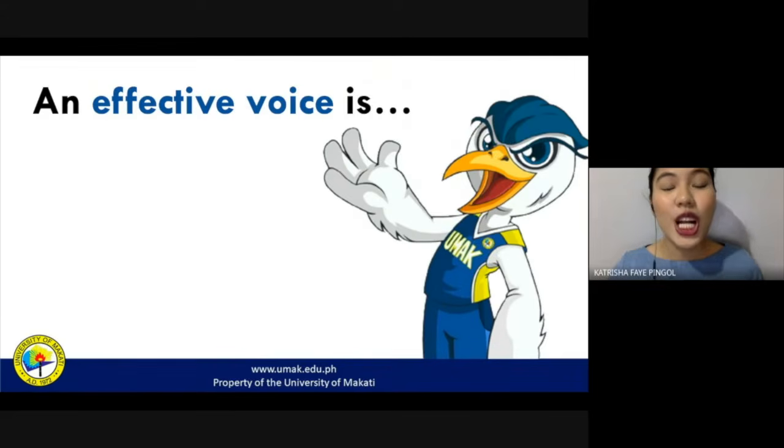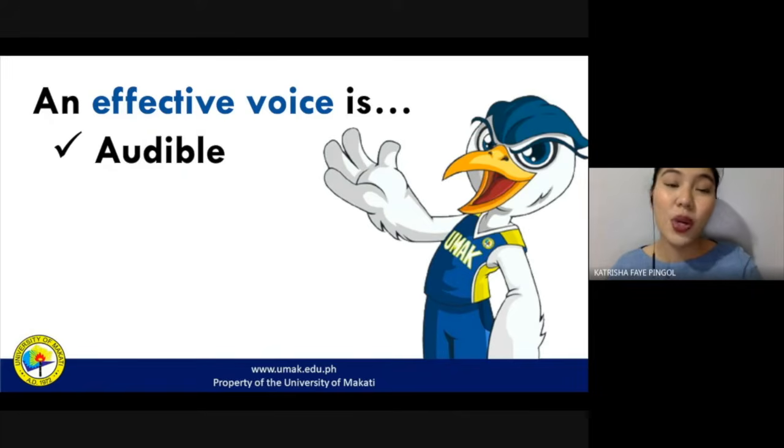Aside from good knowledge, of course, of the different aspects of voice usage, a voice could be considered effective when it is, number one, first and foremost, audible. When we say audible, it could be heard without any problem by your listeners. So your listeners were able to understand the content of your message because they were able to hear it properly.